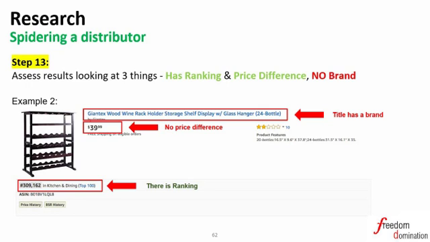And there is a ranking of 309,000 in the kitchen and dining category. So for this listing, we are not able to list because there is no price difference like the first example, and also there is a brand for this listing, so we shall not list this.